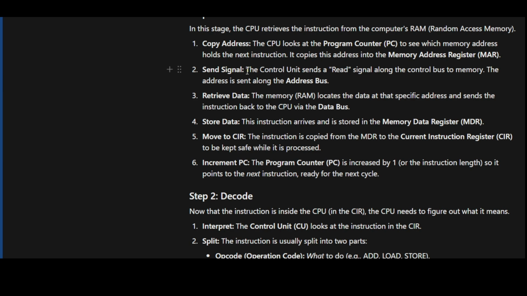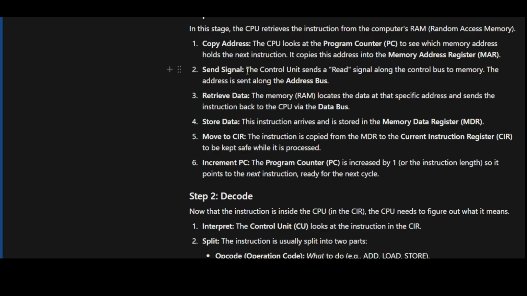Then after the address is copied, the control unit, that is the CU, sends a read signal along the control bus to the memory. So we have two parts, the memory and the CPU, right? By CPU, I mean the control unit.